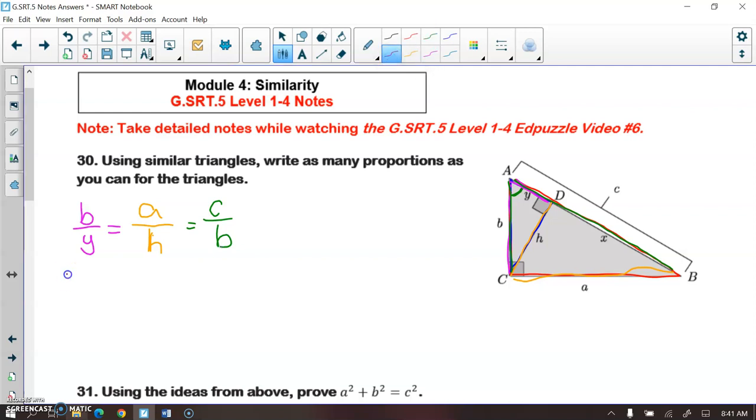We can write B over Y is equal to A over H. We can write B over Y is equal to C over B. We can also write A over H is equal to C over B.